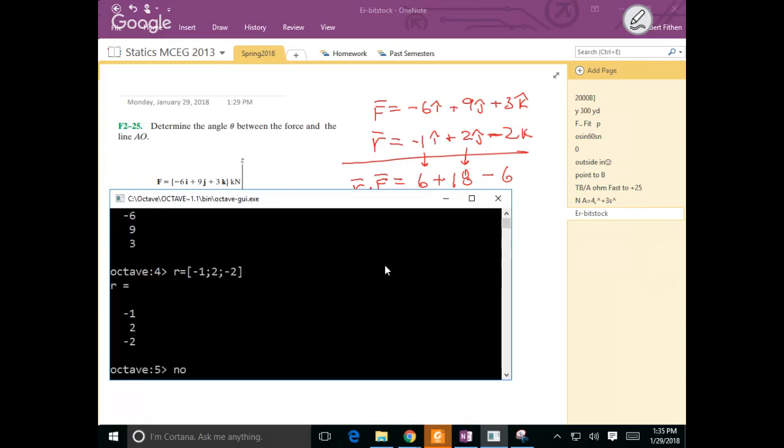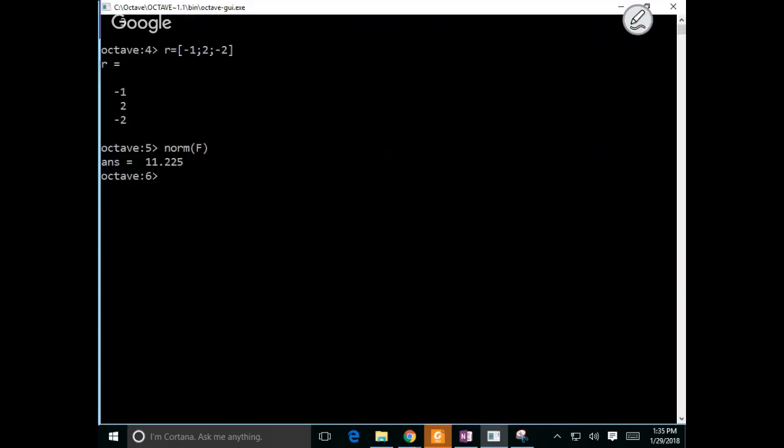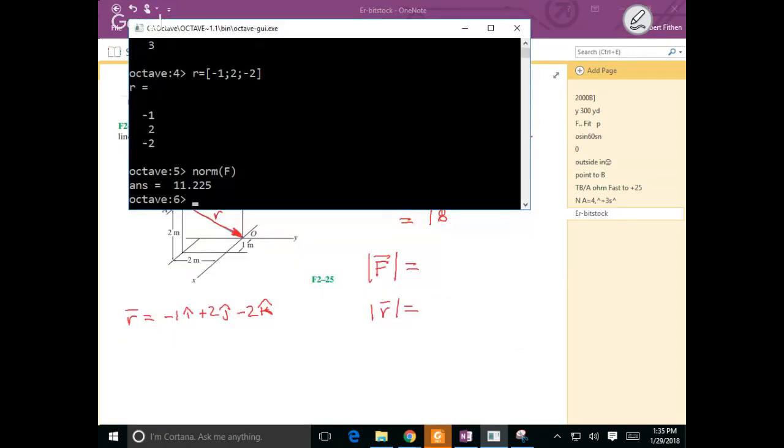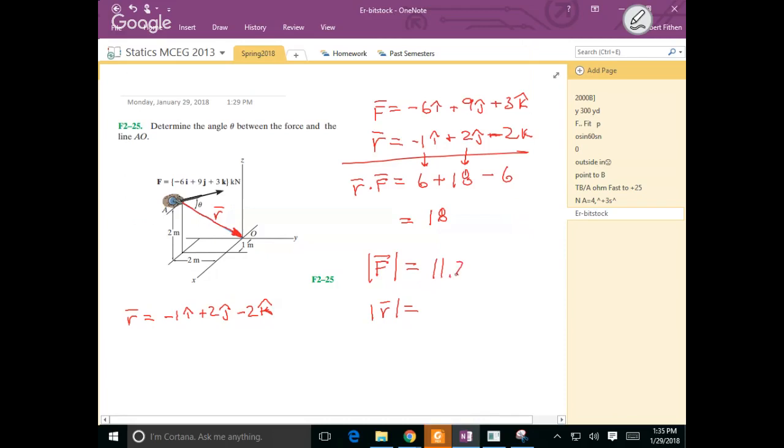I'll do this: norm of F, 11 point something. So the length of F is 11.225. That should be the same thing as the square root of whatever squared plus whatever squared plus whatever squared.